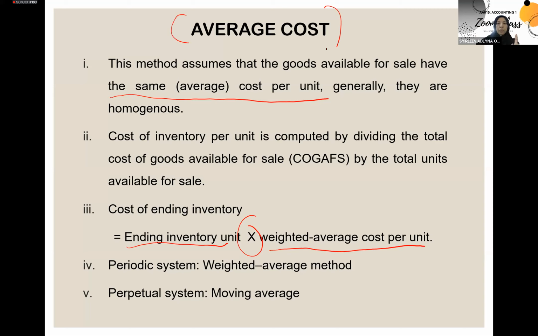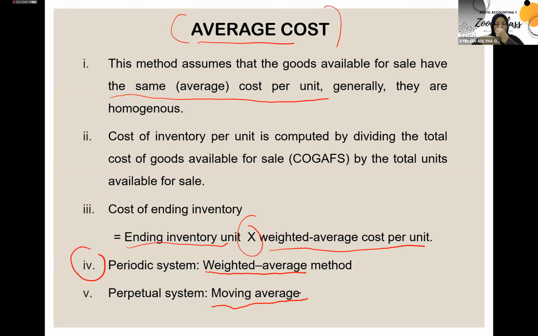Tapi untuk average cost, kalau you guna periodic system, okay, we call it weighted average method. Nampak ya? Okay, tapi kalau saya guna perpetual system, okay, nama dia is called the method that we are using is called moving average. Kenapa moving average?